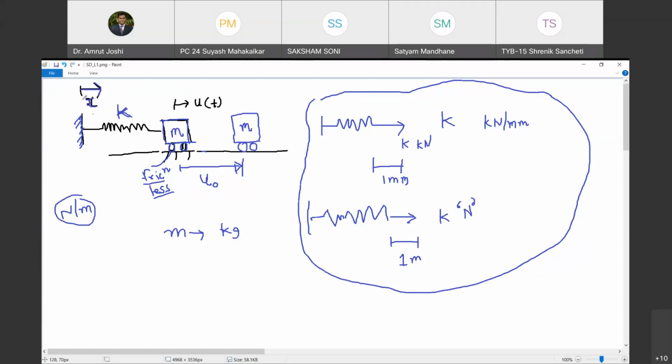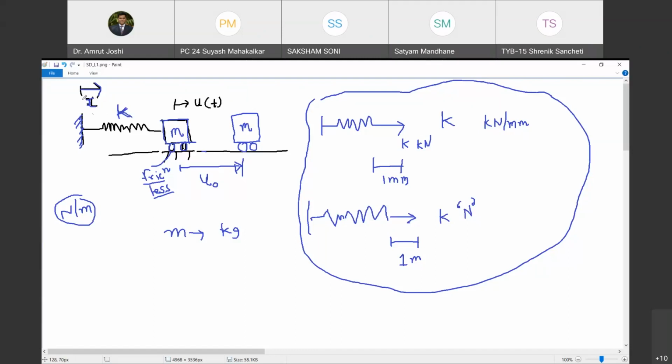Just like during applied mechanics, you would have studied rectilinear motion. In rectilinear motion, the motion occurs along a line, so you always call the direction along that line as X. Do you agree with me? Yes, sir. So in similar fashion, here also the mass is going to move along the horizontal direction.